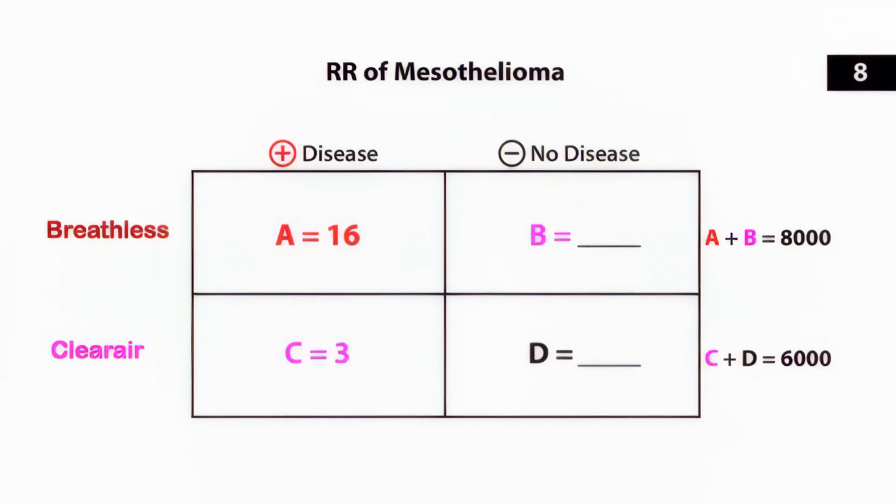All you need to know is A plus B and C plus D, since the equation for relative risk is A over A plus B divided by C over C plus D. So, 16 over 8,000 divided by 3 over 6,000, and that gives you 4. So the relative risk is 4. This risk of mesothelioma is 4 times higher in Breathless than it is in Clear Air.